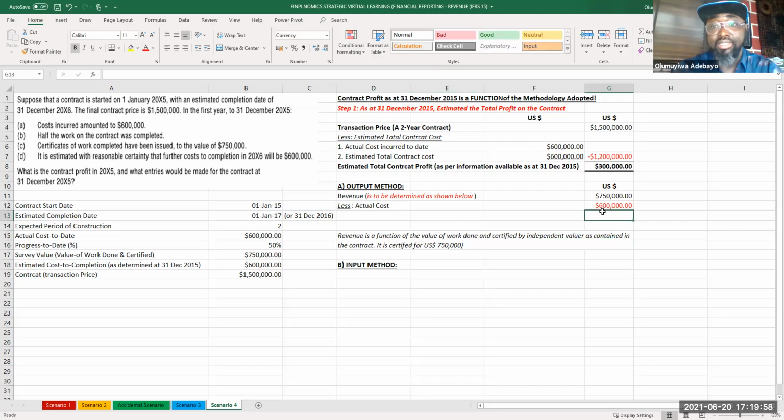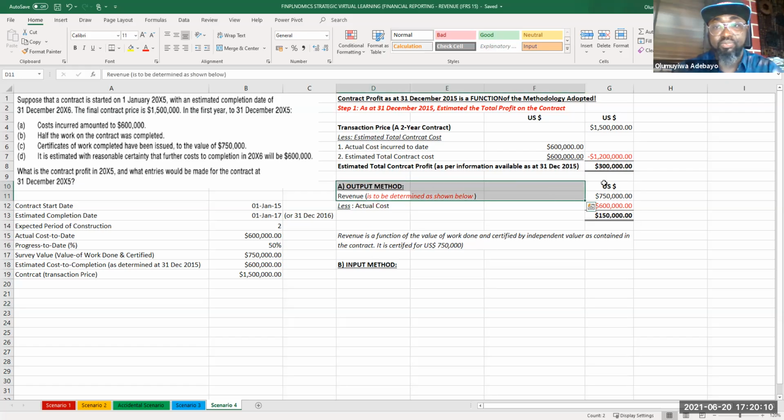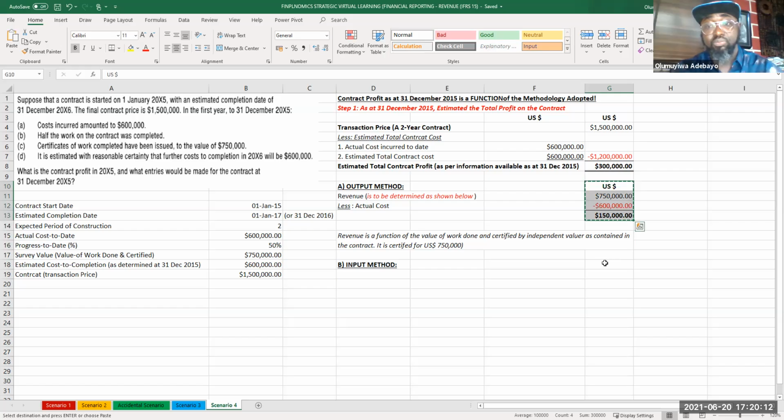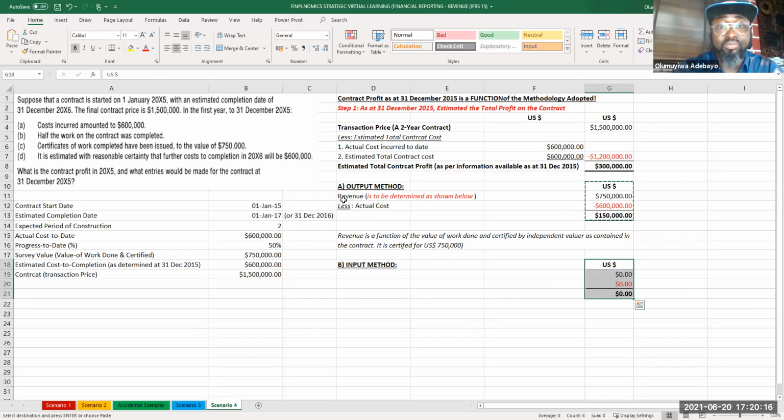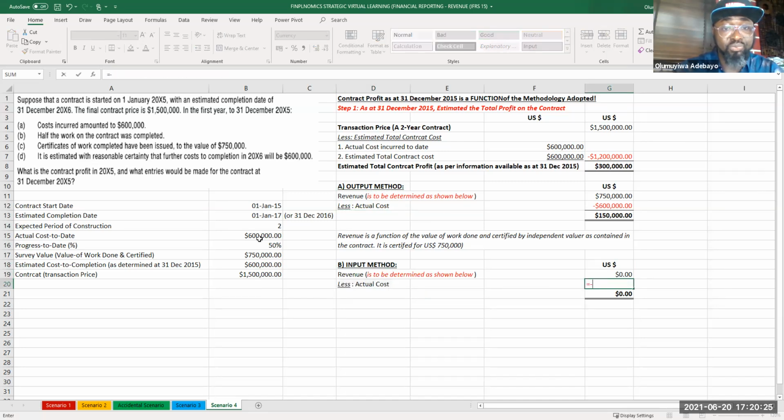Okay, at the end of the day, what is my profit? 150. But if it's the input method, what will I do? My actual cost is still 600.